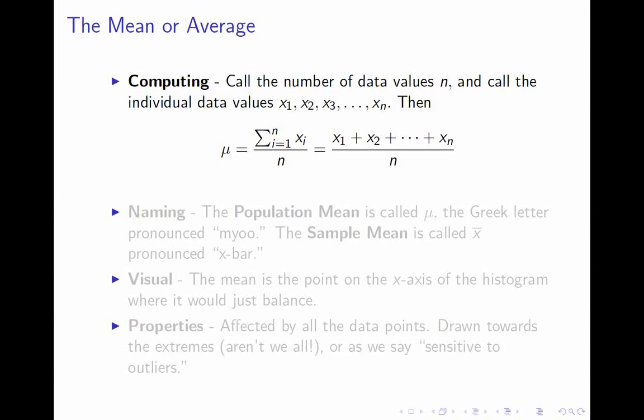So you let i run through all the numbers from 1 to n, and for each value of i, you plug that value of i into the formula after the sigma. So i equals 1, you plug in 1 into x sub i to get x sub 1. i equals 2, you plug in 2 to get x sub 2, all the way until you get to x sub n, and then the sigma says you add up all of those individual things. And of course we're still dividing by n.